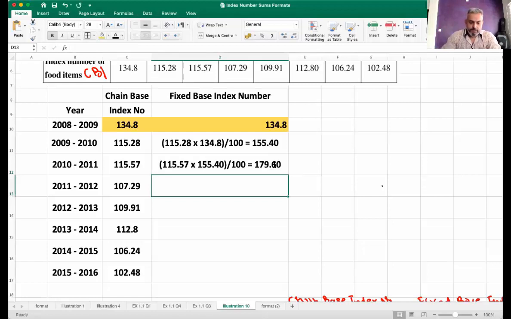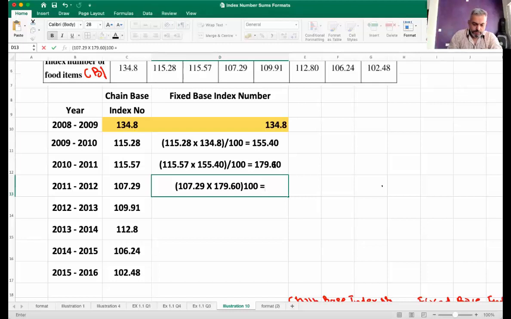Then 107.29 into 179.60 divided by 100, which is equal to 192.692. So 192.69.